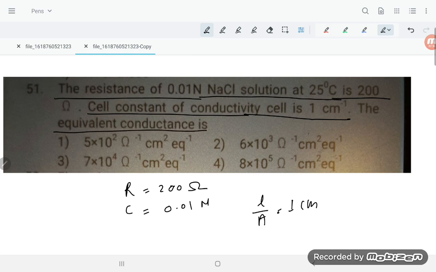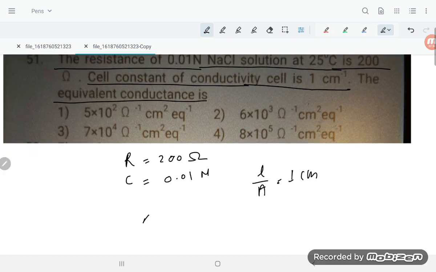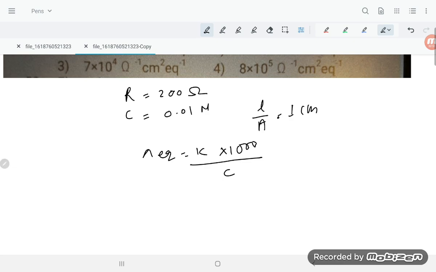The equivalent conductance they are asking. So lambda EQ is equal to K into 1000 upon C.